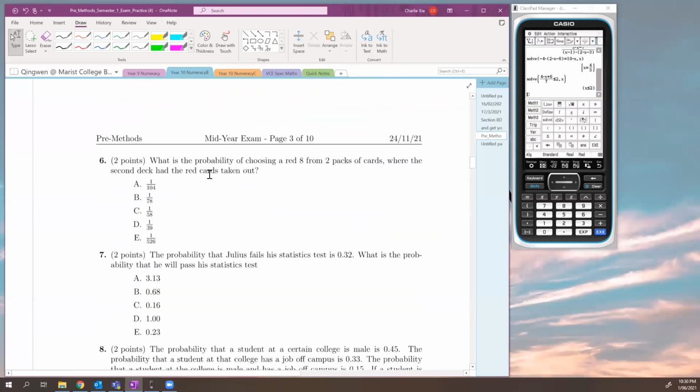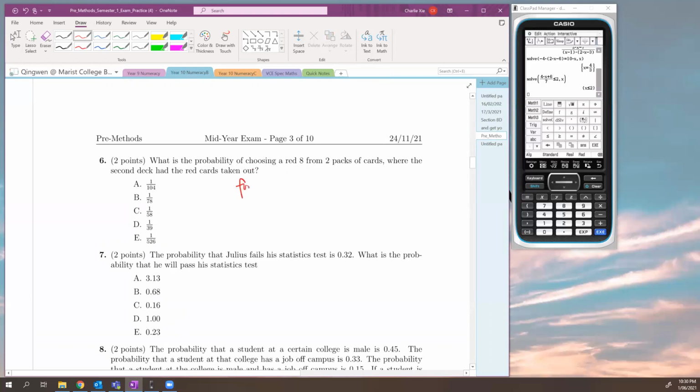Question 6. What is the probability of choosing a red eight from 2 packs of cards where the second deck had a red card taken out? So the probability would be the number of targets divided by the number of options. We have 2 decks, but the second deck had the red card taken out.